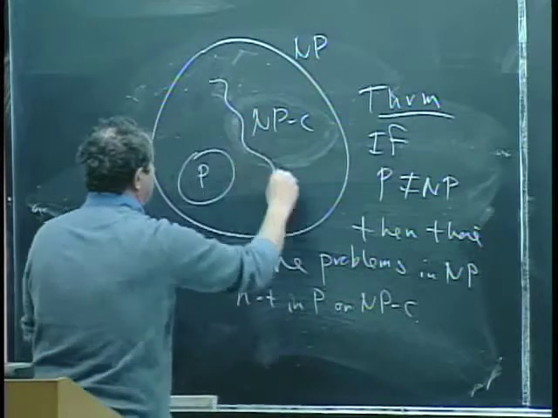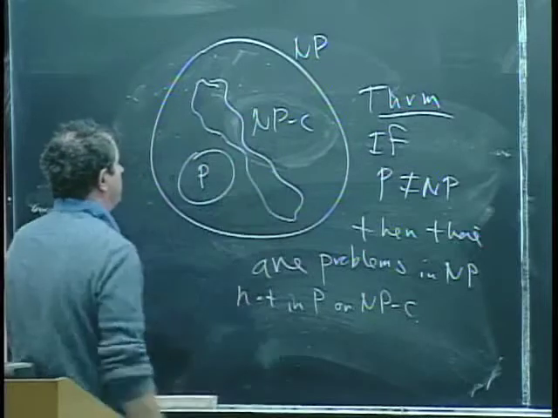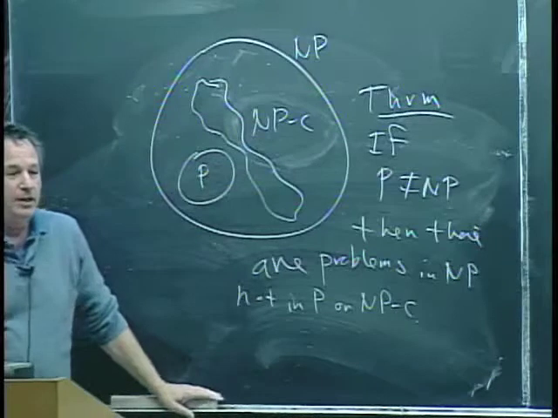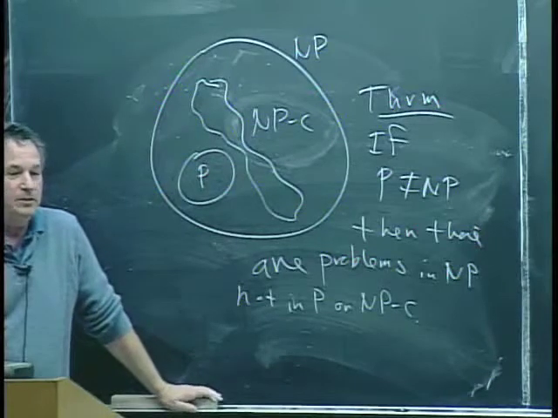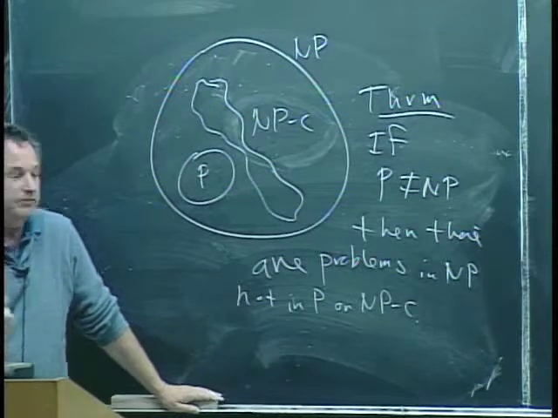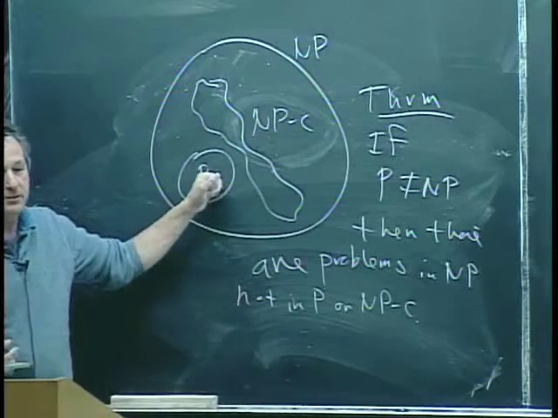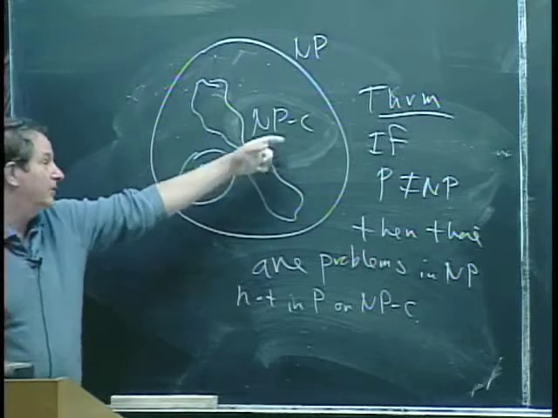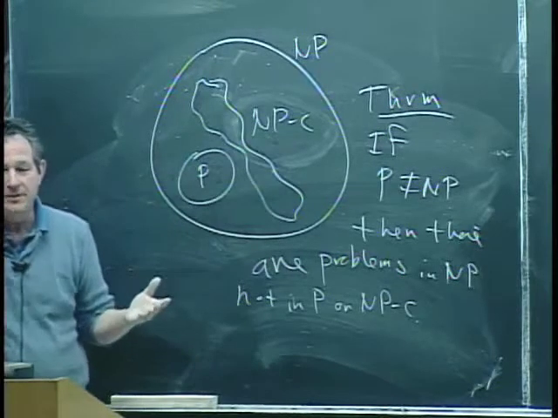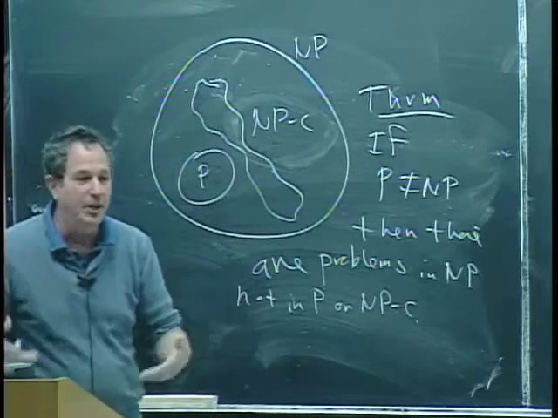So there's some set of problems in here that are neither in P nor NP complete. That means you could be very unlucky. The problem you're trying to resolve, you can't show it's in P because it's not, and you can't show it to be NP complete because it's not. And so you're just left with failure, just left not knowing.